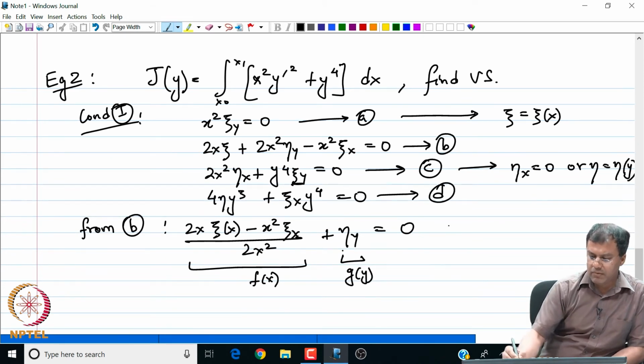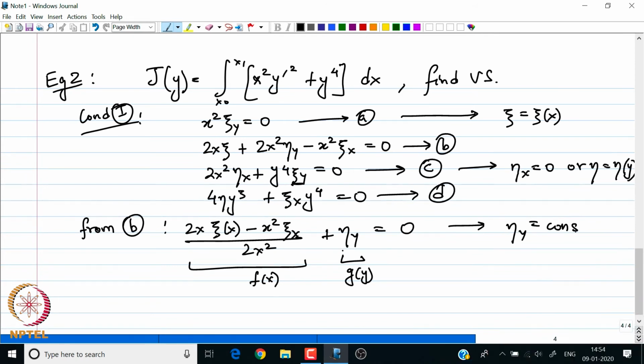This is only possible when eta y is a constant. So, eta y is a constant, or my eta is a straight line. Let us call this C3 y plus C4. Now, we have found one variational symmetry.